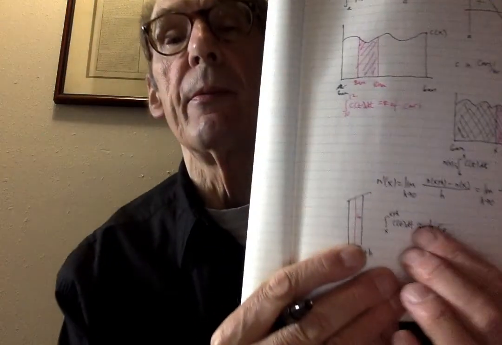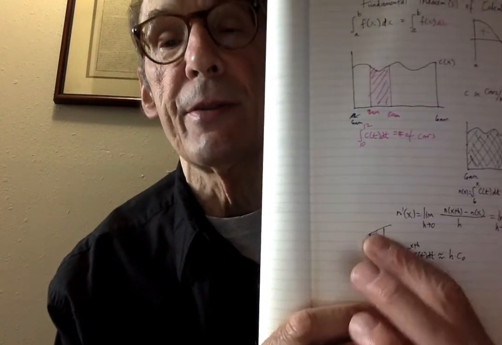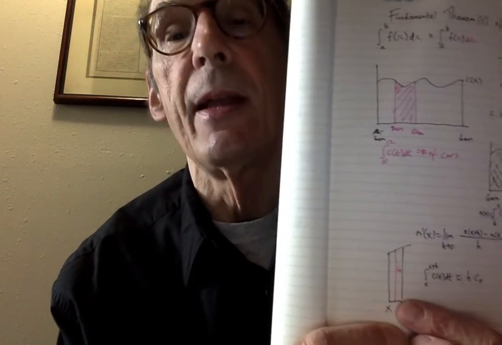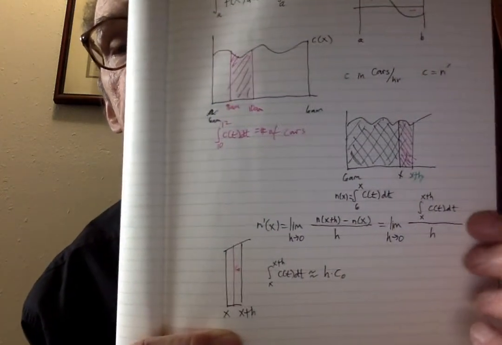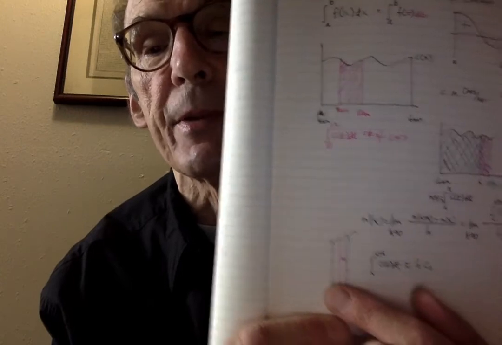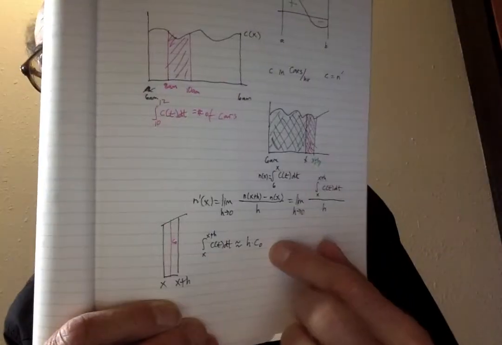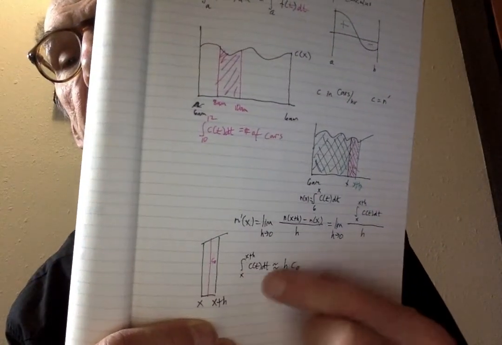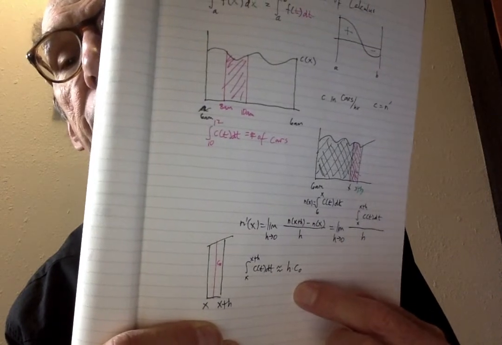And the integral is approximately h times c sub 0. We've only got one sample, so the sum only has one term. And so this integral is represented by this picture here. Let me get it so you can see them both. And that's h times c sub 0.